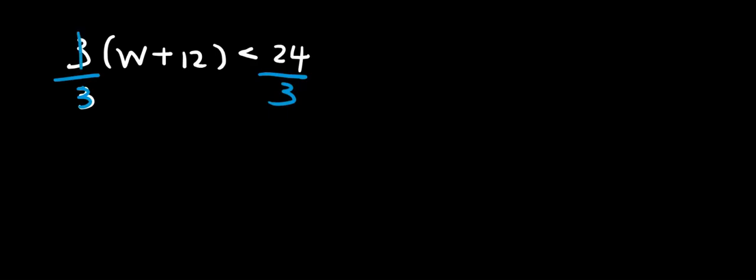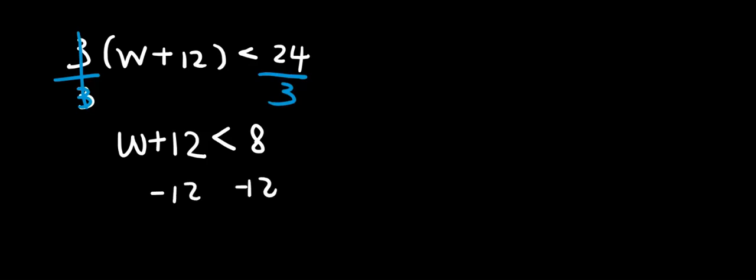3 divided by 3, that is 1. Once this is 1, guess what? You do not even need this parenthesis anymore. We say w plus 12 is 24. Excuse me, I need to copy down like this, and it's 24 divided by 3, that is 8. Okay, all right, and then we're going to minus 12 on each side.